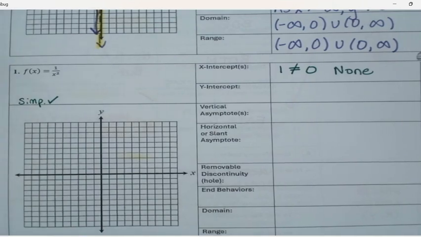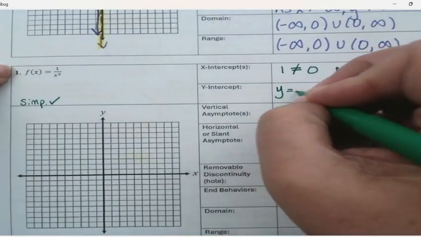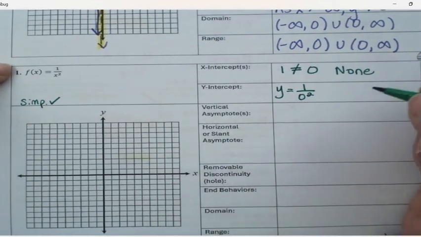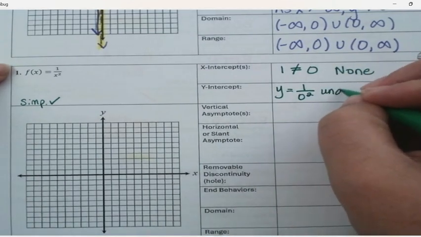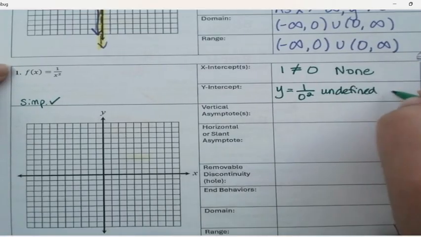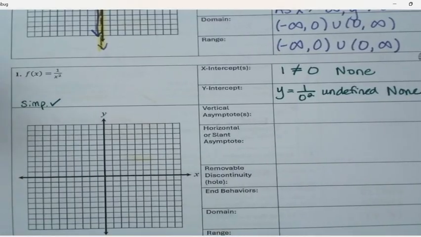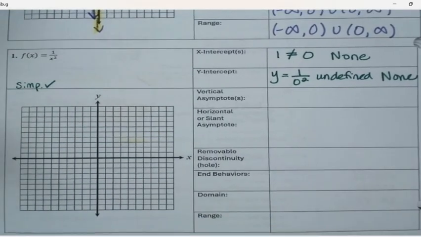To find the y-intercept, we set x equal to 0 in my simplified function. So y equals 1 over 0 squared. I can't do this. This is undefined. So there's none. I don't have any intercepts. No x and y intercepts. Probably means those axes are my asymptotes.